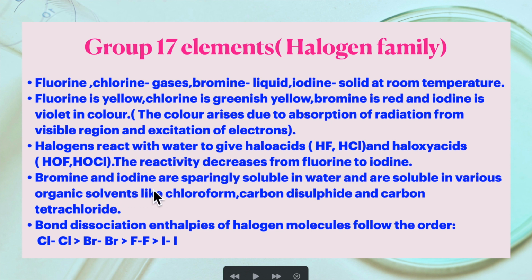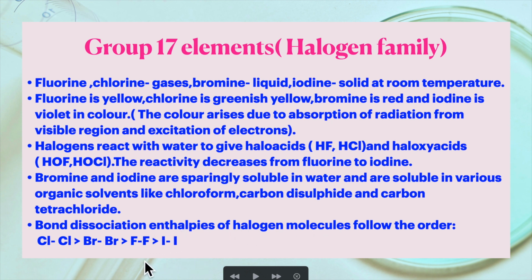Bromine and iodine are sparingly soluble in water and mostly soluble in various organic solvents like chloroform, carbon disulfide, carbon tetrachloride, etc.